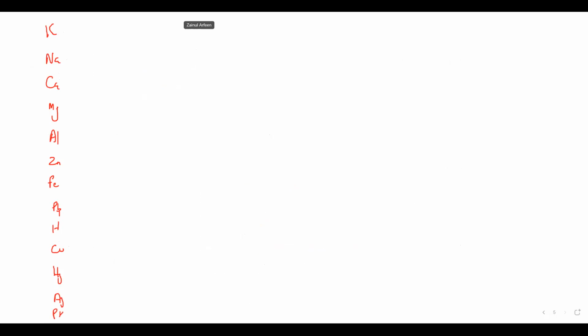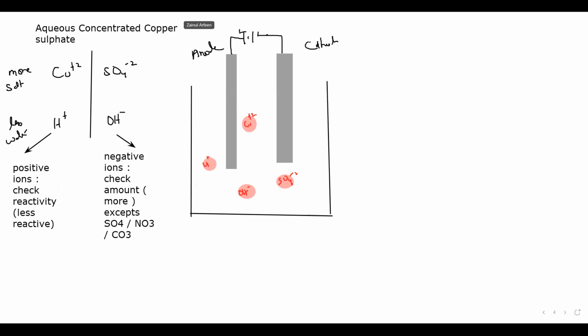And as we go down, the reactivity is decreasing. So can you work out which is less reactive, hydrogen or copper? As we go down, the reactivity is decreasing, so it is copper, Cu. So both ions are attracted, but the copper ions are able to discharge.